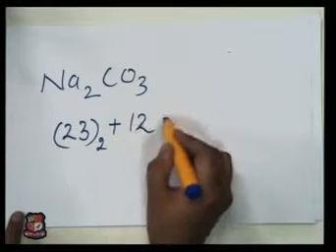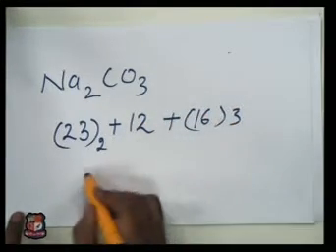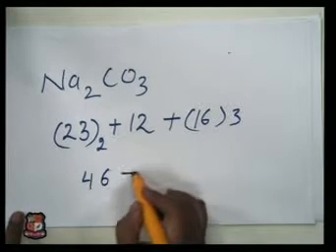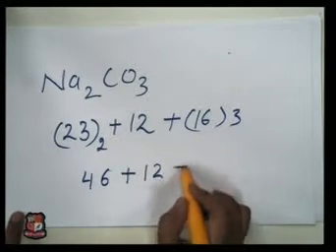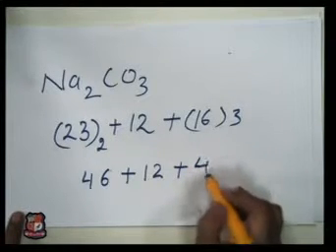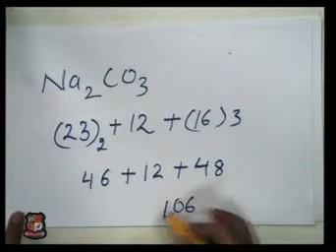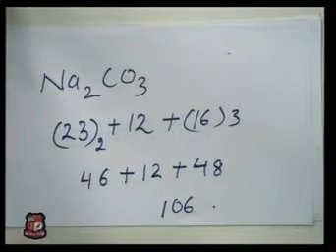carbon is 12 and oxygen is 16. So it comes out to be 46 plus 12 plus 48, and that comes out to be 106.